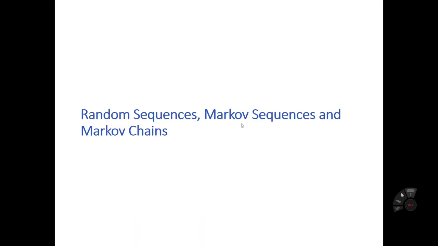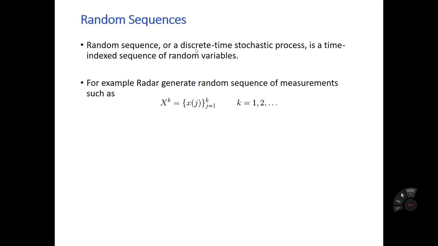Now random sequence, Markov sequences and Markov chain. A random sequence or a discrete time stochastic process is a time indexed sequence of random variables. For example, radar generates a random sequence of measurements such as this one. This is the complete set of measurements received in each scan from the radar. Suppose radar generates measurements for 80 scans, then j starts from 1 and ends at 80.